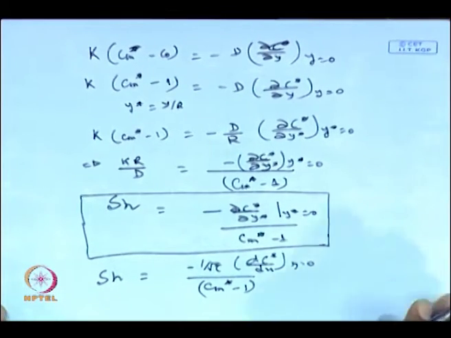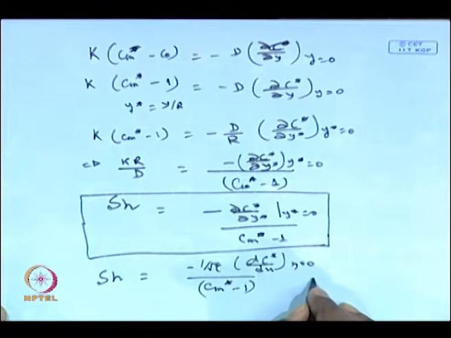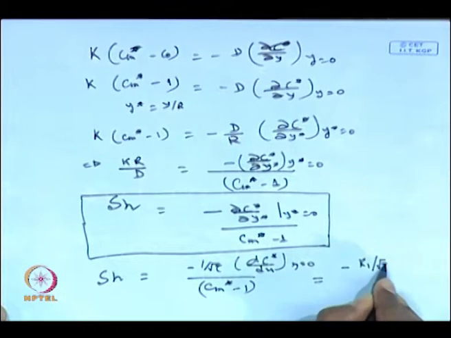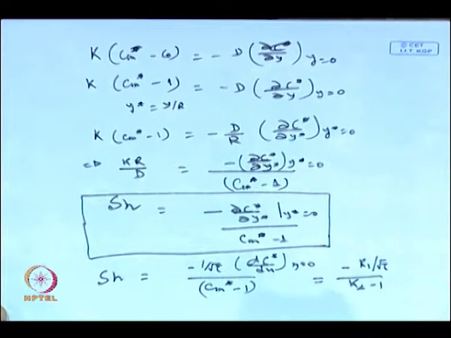Now, we have done this exercise earlier just a few minutes back, that d c star by d eta at eta equal to 0 and Cm star in terms of the integration constants, and this becomes minus k1 by root over tau divided by k2 minus 1. Just put the value of d c star by d eta at eta equal to 0. We have done that probably a few minutes back, and Cm star is nothing but k2. So, it becomes k2 minus 1.